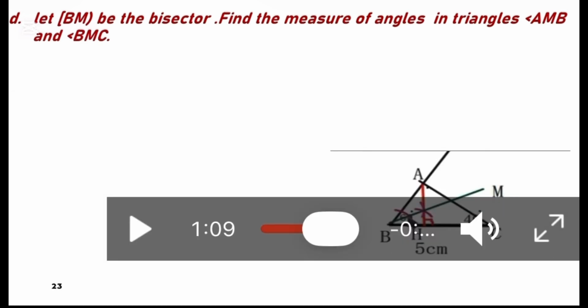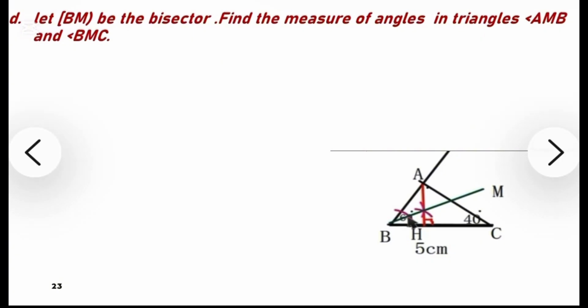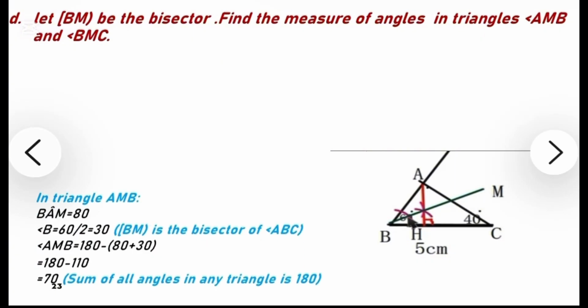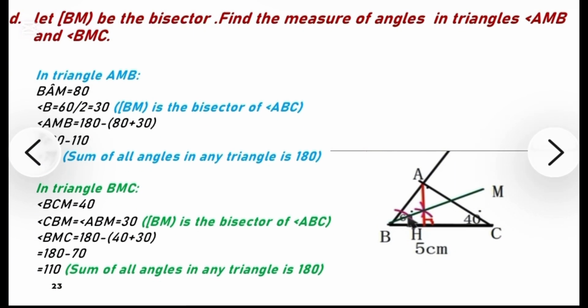Now we want to find the measure of angles in triangles AMB and BMC. Let's start with triangle AMB. We have from part A, BAM equal 80 degrees and angle B equals 60 divided by 2. Why divided by 2? Because BM is a bisector, and the bisector divides the angle into two equal angles.